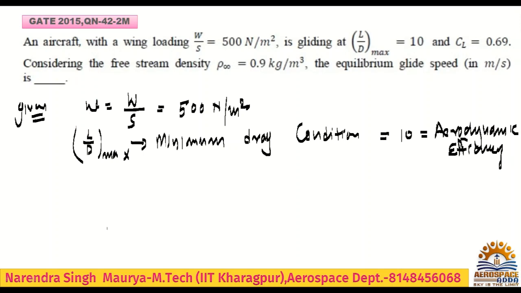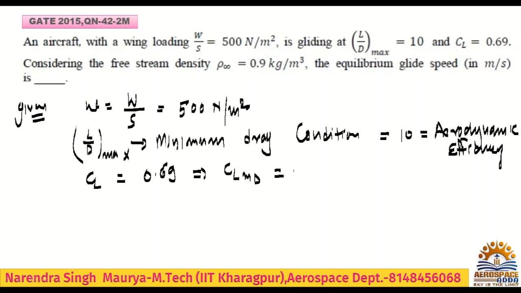And what value have they given? CL they have given as 0.69. You need to understand, L by D max is given, so minimum drag. So at the minimum drag condition or L by D max, whatever CL value is given to you will be CLMD, meaning the CL value at minimum drag condition.